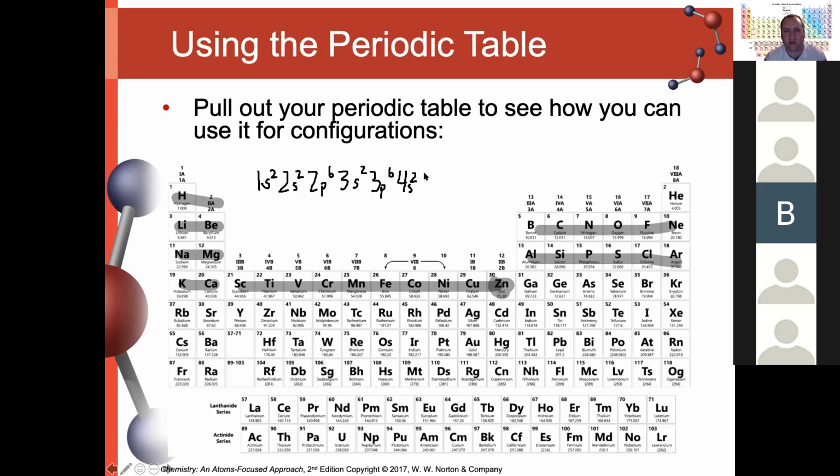Okay, and now we come to zinc's sublevel, 3d. 1, 2, 3, 4, 5, 6, 7, 8, 9, 10. So zinc happens to have a full 3d subshell as well, because it is the last element in that block, in that group. And so that's the complete configuration for zinc: 1s2, 2s2, 2p6, 3s2, 3p6, 4s2, 3d10.